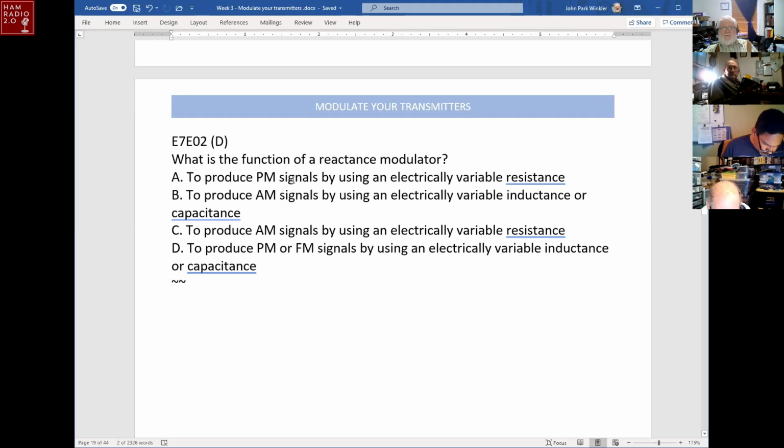It uses either, well, typically it's going to use capacitance, but it could use inductance to do it. But it does not have anything to do with resistance. It's not doing anything with AM. It's not amplitude modulating. So the answer is D.